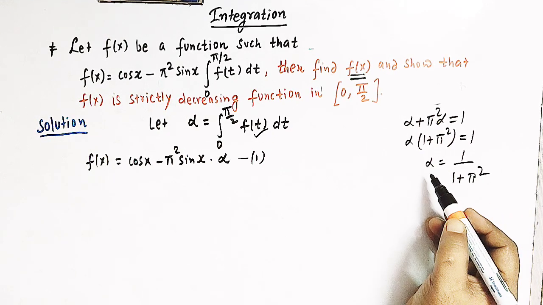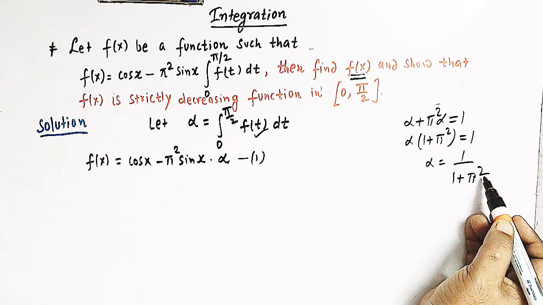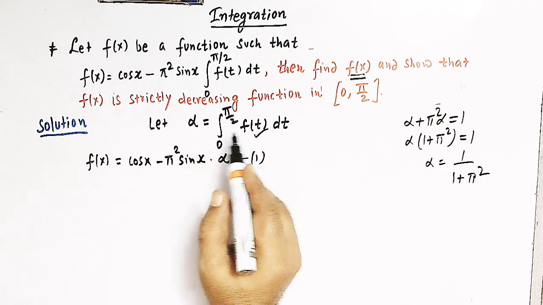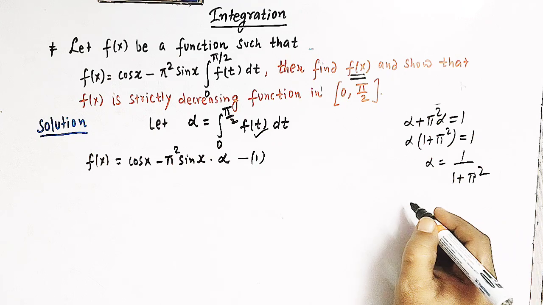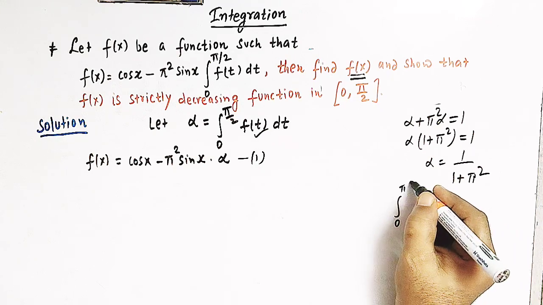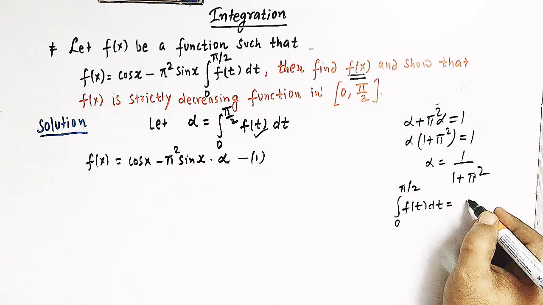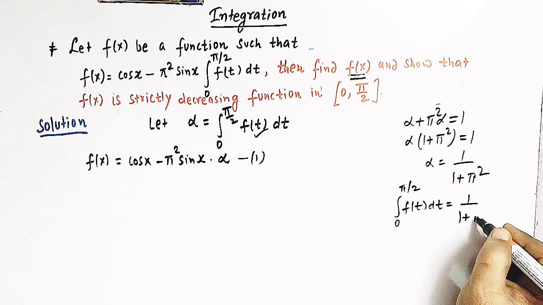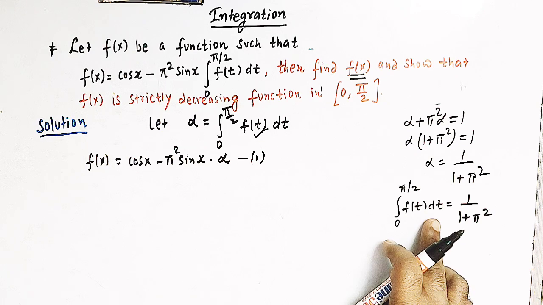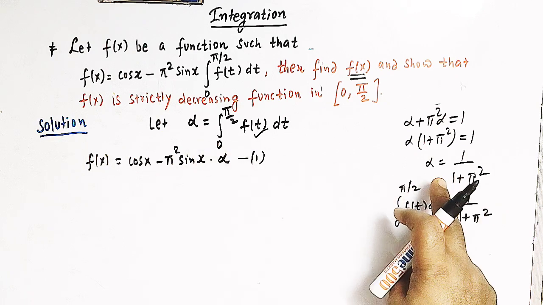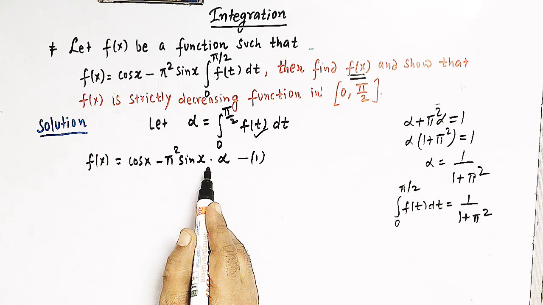So now getting the value of alpha as 1 over 1 plus pi square, we can easily conclude that the value of this integral, that is integral 0 to pi by 2 f of t dt, is equal to 1 over 1 plus pi square. So this is also an important deduction from the value of alpha. Now let us substitute this value of alpha over here.